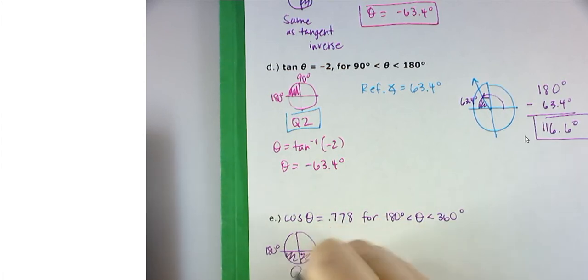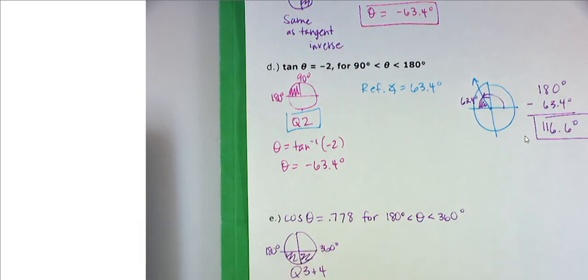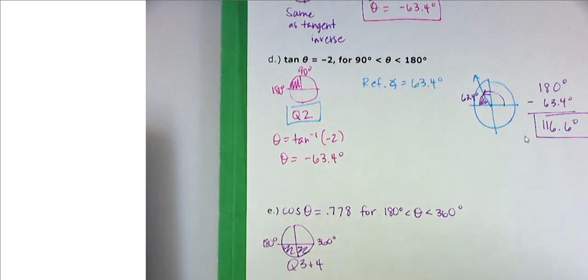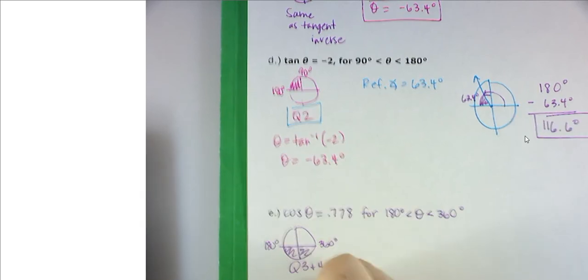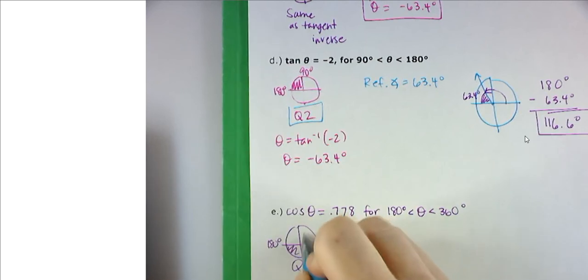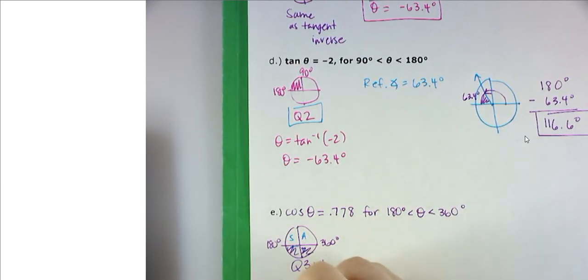So not the same as the inverse. So if it's not the same as the inverse, we're going to use all students take classes. Okay, the cosine is positive, and that's going to happen in quadrant 4. So that's where we're going to draw our reference angle. Okay, so you're going to use the reference angle when the restriction is not the same as the inverse.